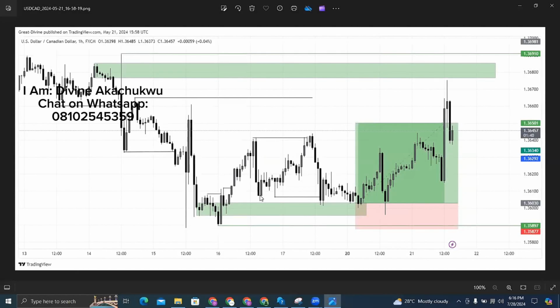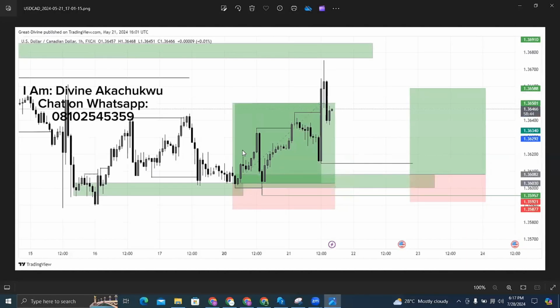Price pulled back and broke structure again with a body. I'm looking at the body, not the wick. So after price broke structure with the body, price came back, took out this low, the structural liquidity of this second break of structure, tapped into our buy entry here, this other block, then bought up. This is it. That was on USD CAD.